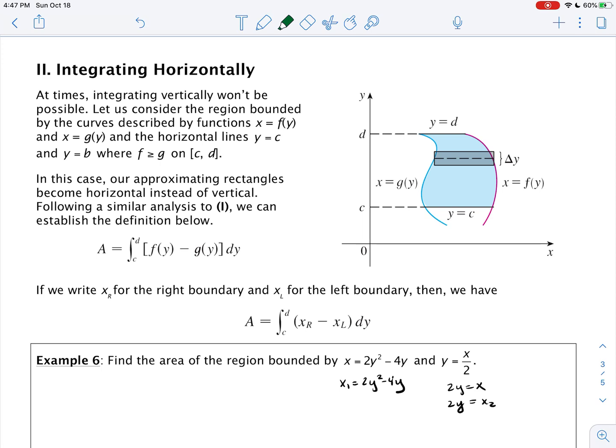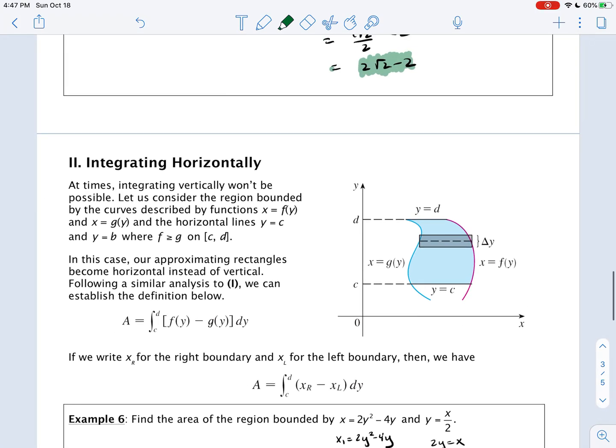Sometimes it's not great to integrate vertically, and sometimes we might need to integrate horizontally. Sometimes it is pretty obvious, when we are given x equal to a function of y. But it really is the case if we have a hard time calculating the top minus the bottom.